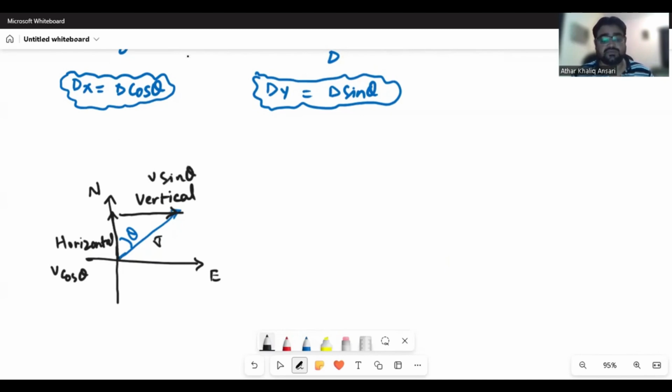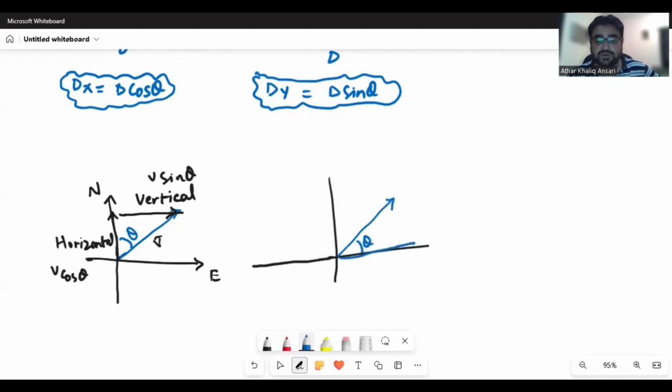Similarly, if you have a diagram like this, for example, this is the velocity vector, and this is theta. This part is now dx, that is d cosine theta. And this part you can draw here or here. This will be d sine theta.